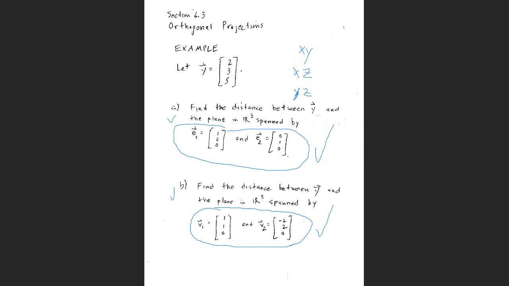So we know what they look like. For A, the span of the vectors E1 and E2 is a plane. Which plane is the span of E1 and E2? Is it choice 1, choice 2, or choice 3?